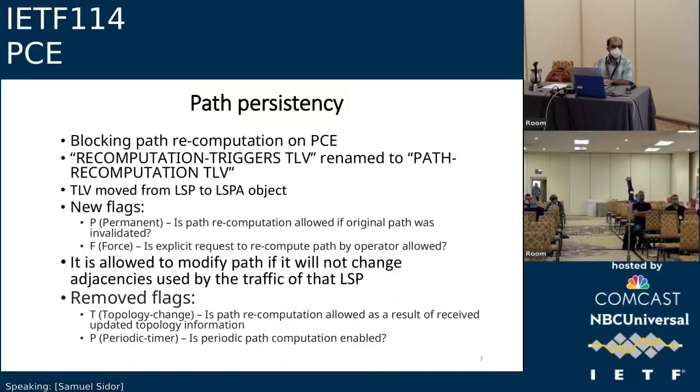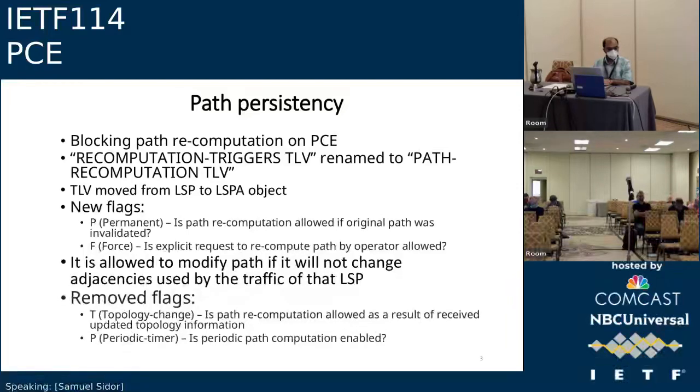As a result, the TLV was also renamed to follow the updated content of the TLV and moved from the LSP object to LSPA, because we interpreted the updated content of the TLV as an LSP attribute or behavior, which logically belongs in the LSP attribute object. There is a recent comment from Dhruv to actually move it back to the LSP object, so maybe another discussion will be needed. But that will be done after this IETF.